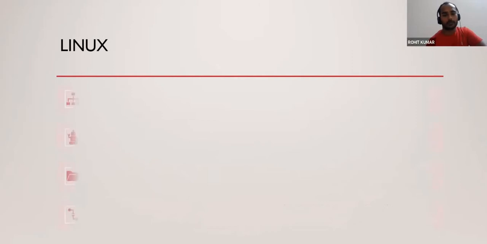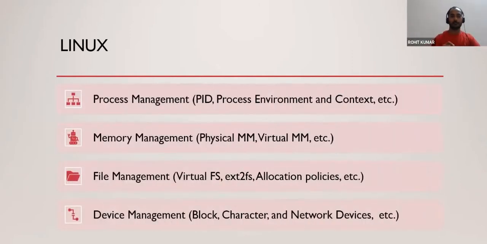So coming to the category-wise discussion of Linux, because we divided our operating system project into 4 specific categories: process management, memory management, file management, and device management. Starting with process management, there is the concept of process ID in Linux operating systems, and there is a dedicated process environment inside which we create processes, and then we have the concept of execution also.